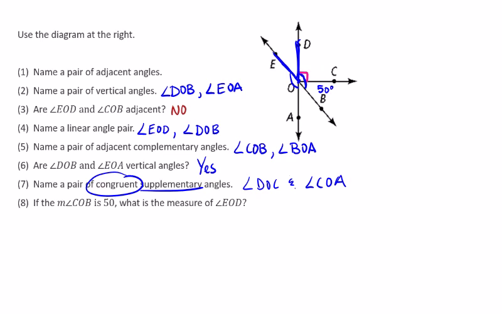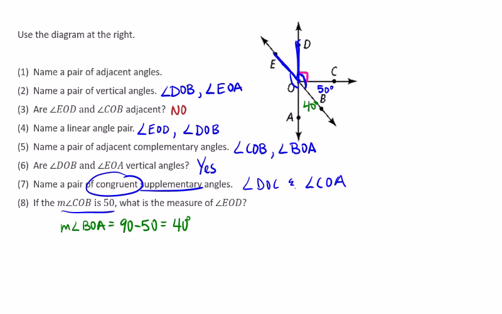Well, we know that angle COB is complementary to angle BOA, right? So in other words, if I know that COB is 50, I know the measure of BOA is 90 minus 50, right? Which would be 40.